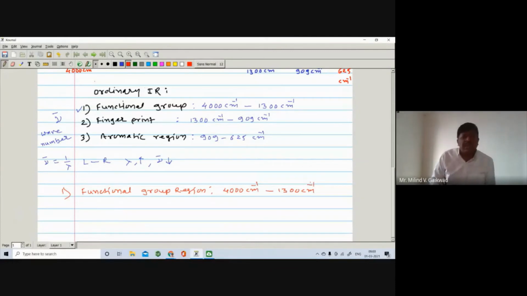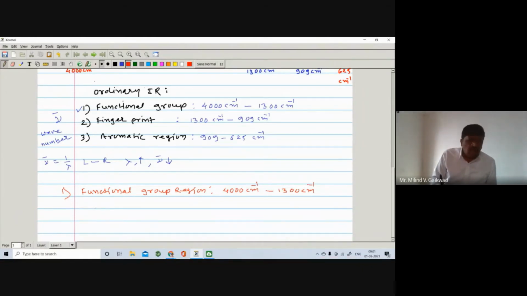What is the use of this functional group region? Most of the functional groups will appear in this range. So whatever common functional groups are present, we are having absorption bands in this region.